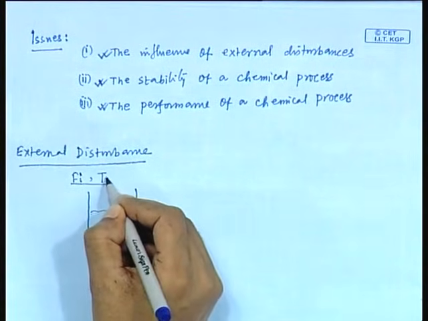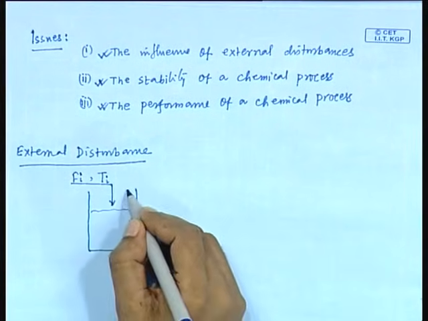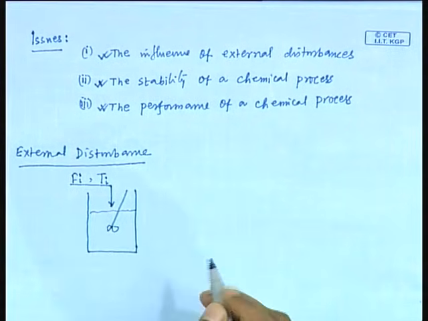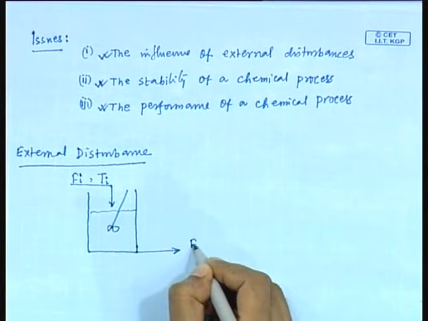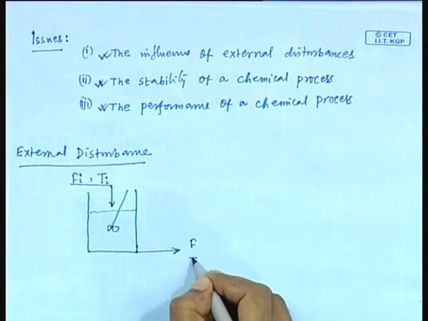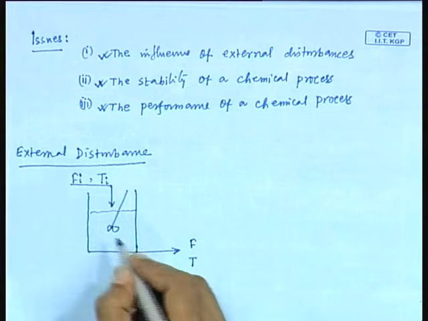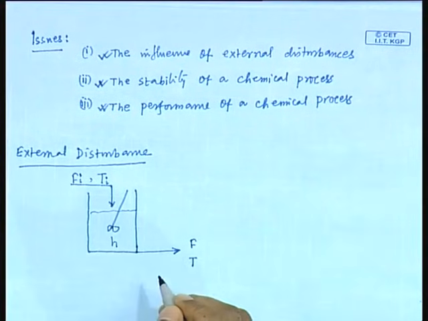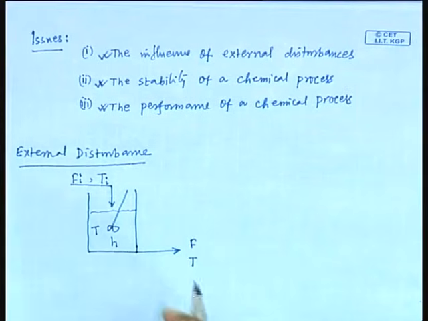Temperature of this inlet stream is T suffix i. Now this liquid is well stirred. The outlet stream flow rate is F and temperature is T. Now the liquid in this tank has the height of H. Definitely the temperature is also T, because we are considering a stirrer.